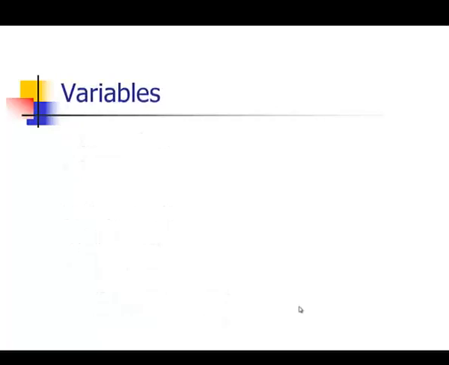So some important things to remember about variables. Variables have a name, and the name should be meaningful. The name itself should describe the contents, what's being contained in that variable. And also remember, it has to follow the rules: it needs to be made up of letters, numbers, or the underscore.